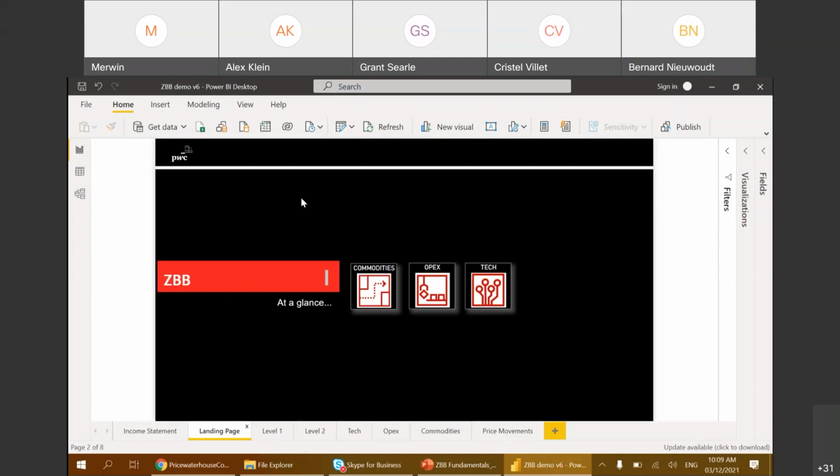And obviously the type of insight you get depends on the amount of data that you have available. But that doesn't mean that if you do not have massive amounts of data available, you can't get efficiencies and benefits from looking at something like ZBB.